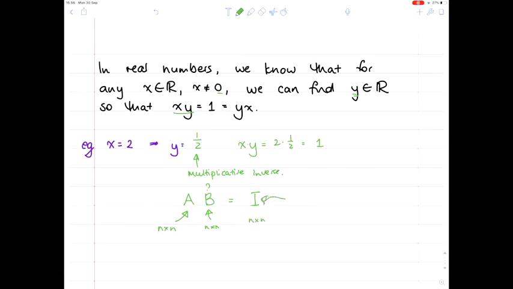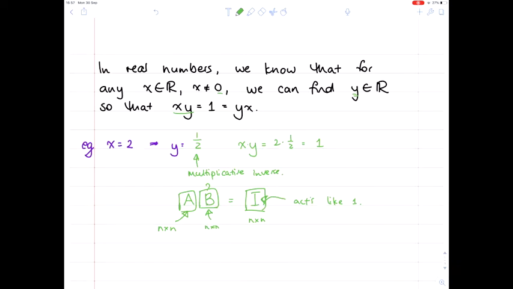Because remember, this acts like 1. So can we find some matrix to multiply A by so that we end up with the identity matrix? And it turns out that this is where matrix multiplication really differs quite a lot from scalar multiplication. So we've already said that it differs because you must be careful the order that you multiply by.